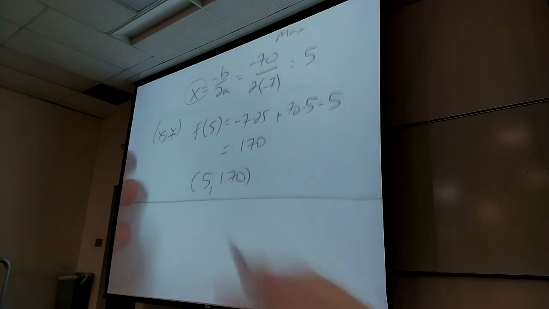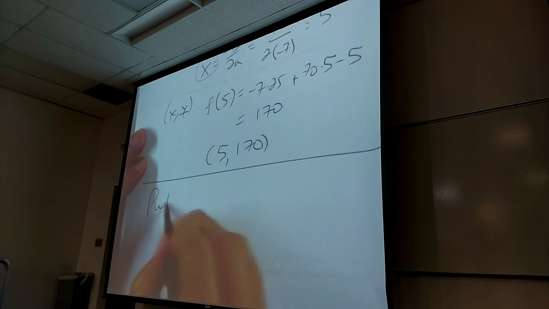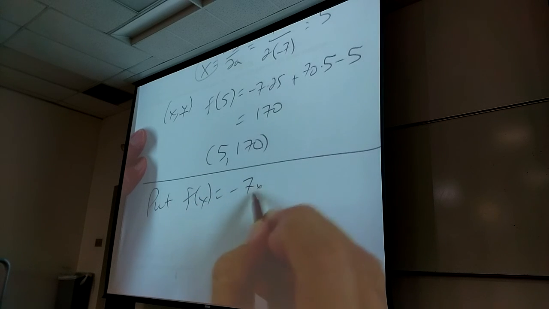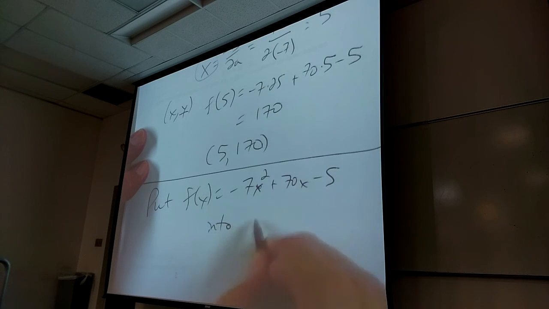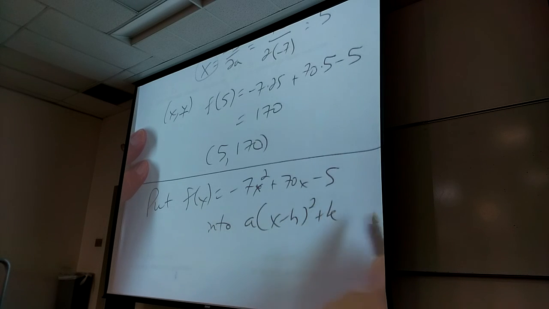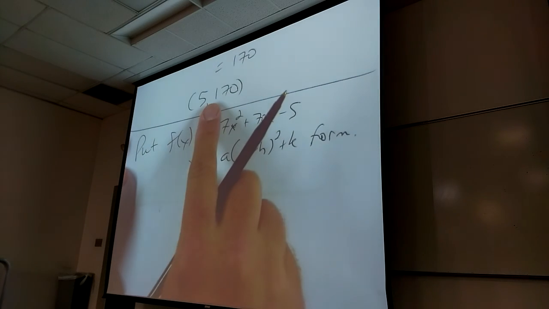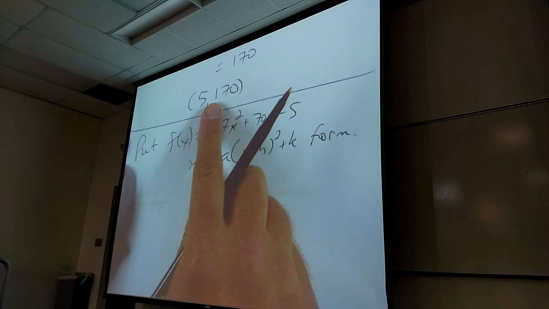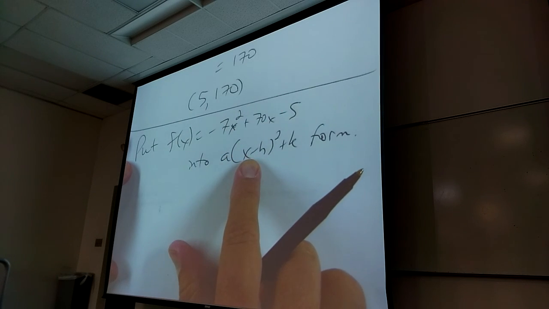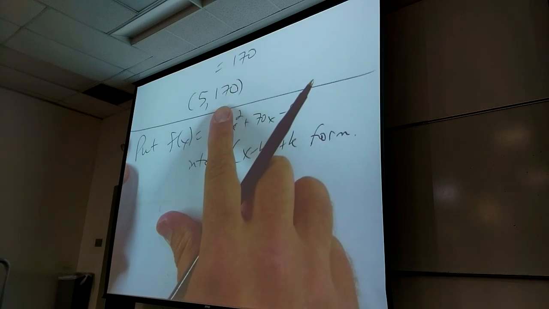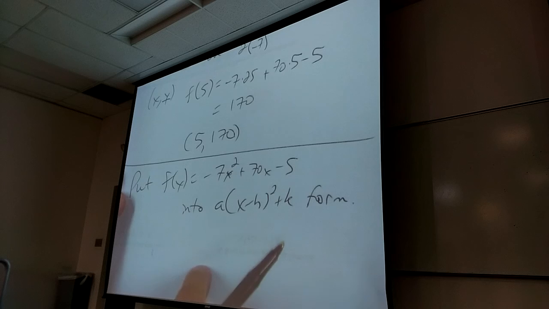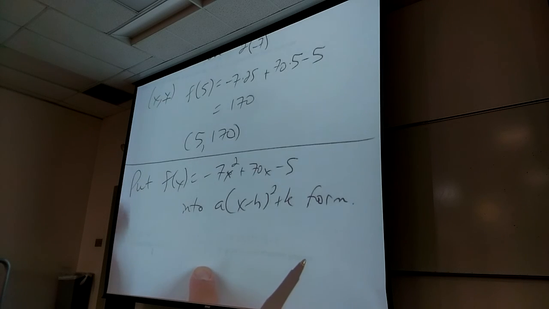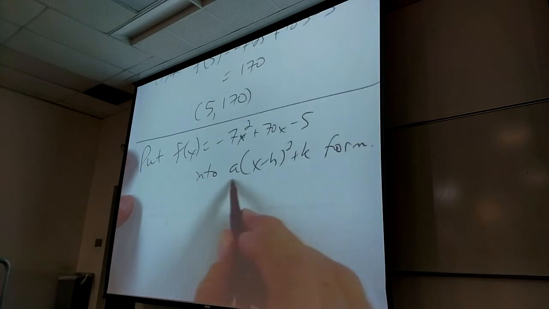Now, if I do get, like it did on the test, if I say put this into what I call standard form, I already know what the answer should be for the vertex. If I were a student in this class, I would do this first, so I knew what the answer was supposed to be, so I could quickly tell if I was going off track. Right? So how do I start this process to put it into this form?